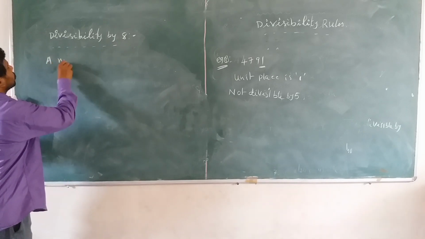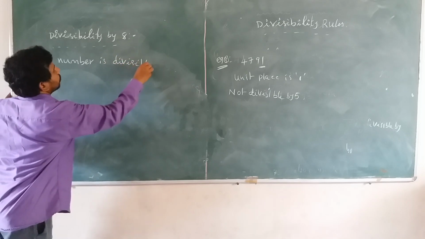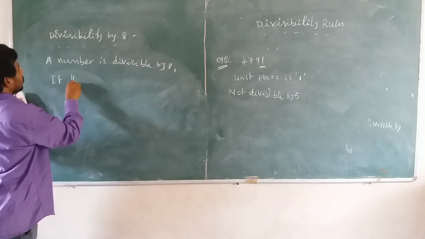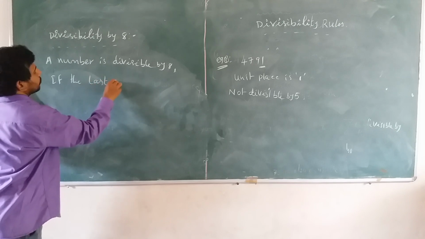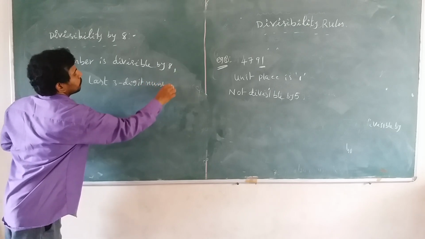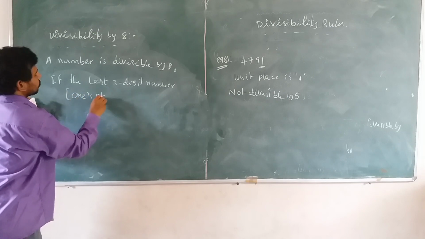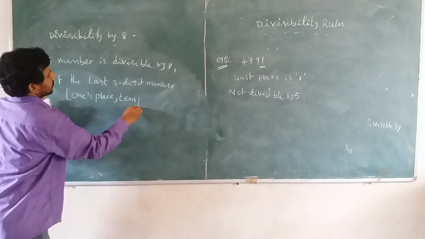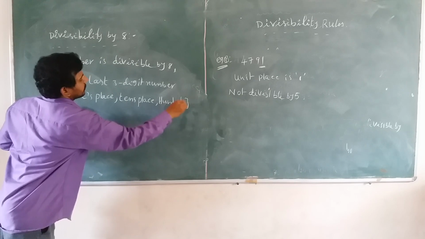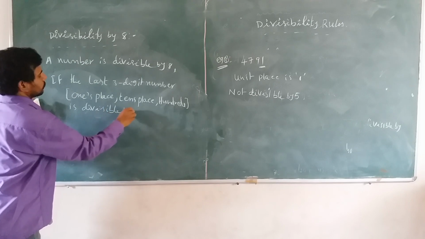A number is divisible by 8 if the last 3-digit number, that means the ones place, tens place, and hundreds place, is divisible by 8.